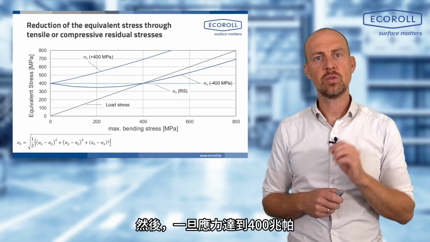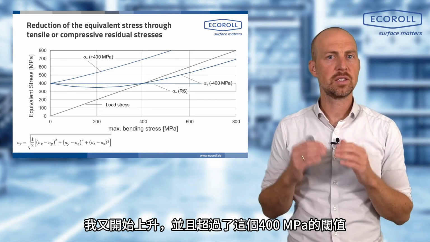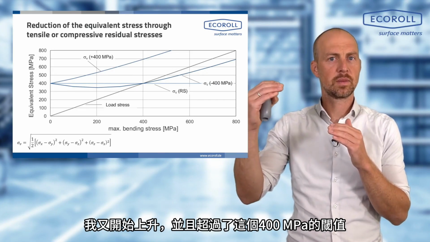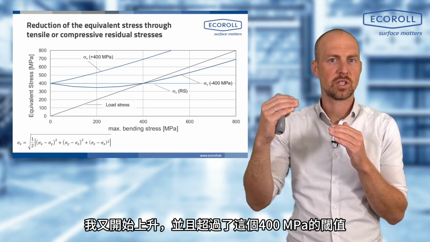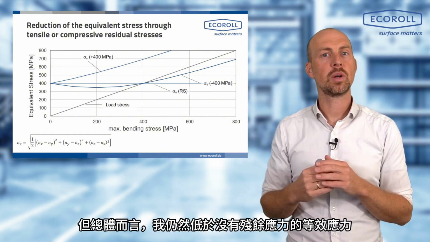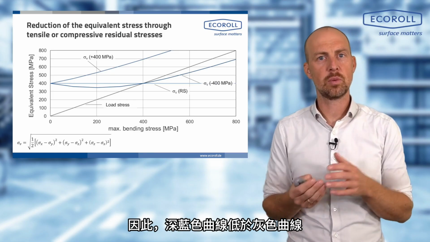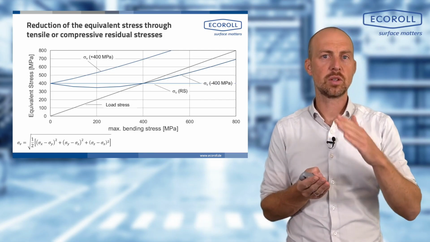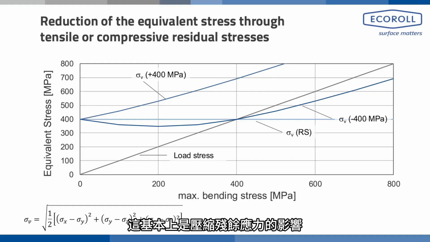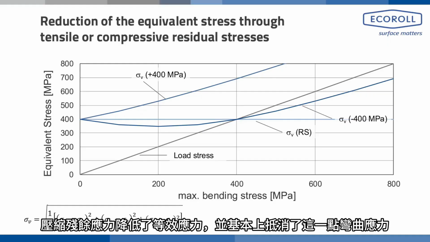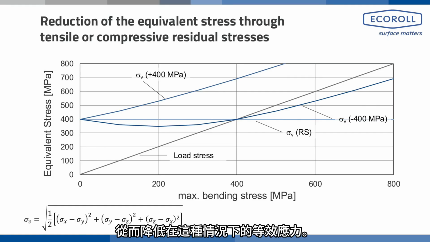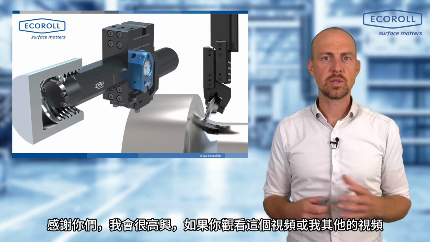And then, once the stress reaches 400 megapascals, I start to go higher again. And I'm above this 400 MPa threshold. But overall, I'm still below the equivalent stress without residual stress. So the dark blue curve runs lower than the gray curve. And this is essentially an effect of compressive residual stress. The compressive residual stresses reduce the equivalent stress and essentially counteract this bending stress, thereby reducing the equivalent stress in this case.